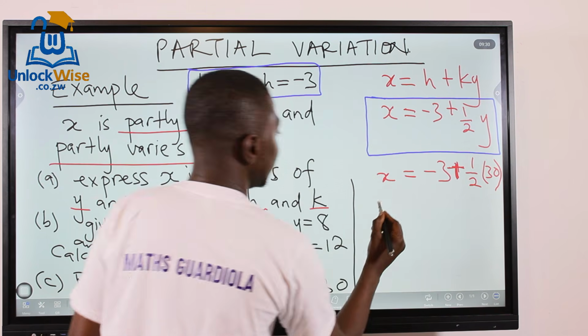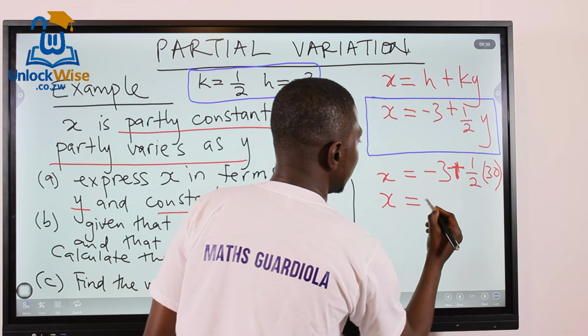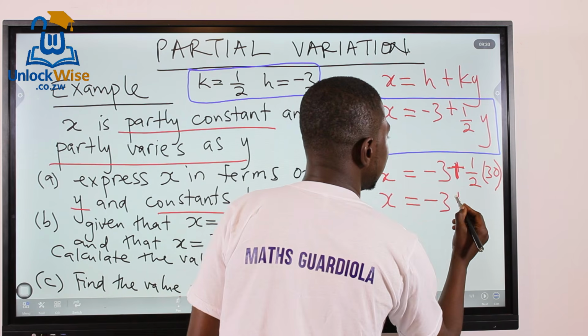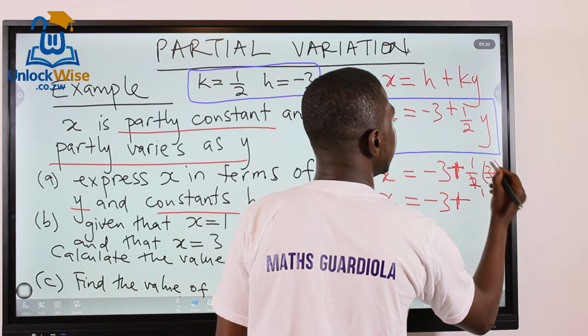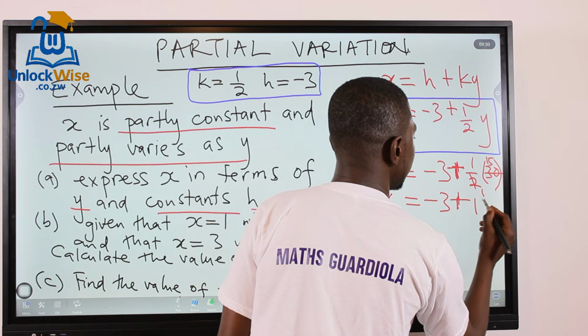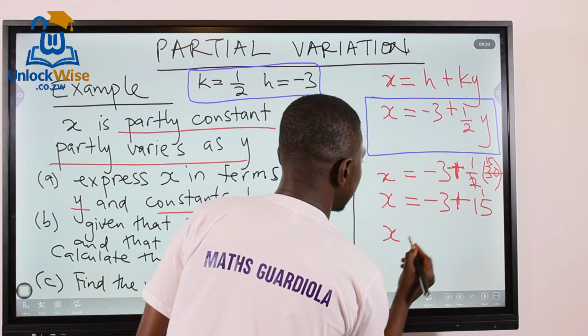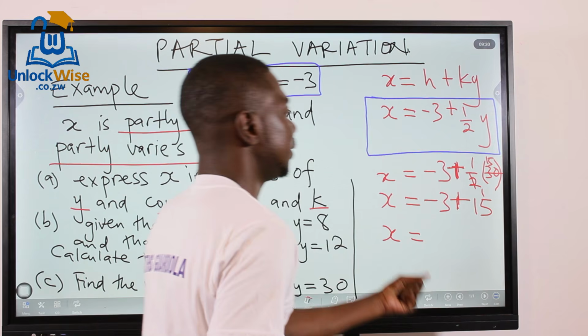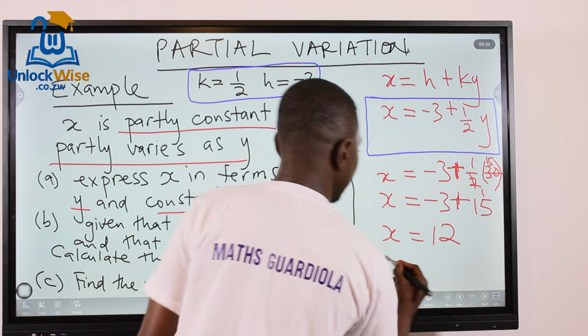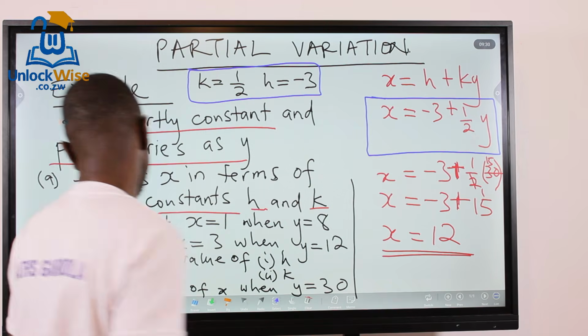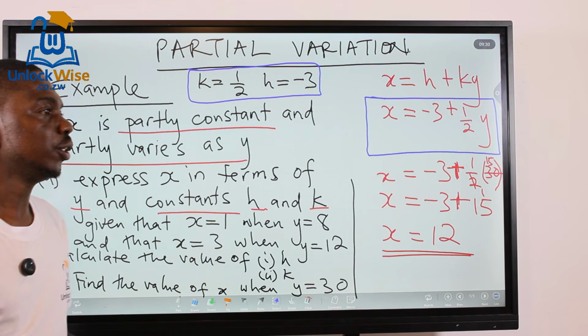This means that x is equal to minus 3 plus, what is half of 30? It's 15. So x is equal to minus 3 plus 15, which is 12. So this is the value of x.